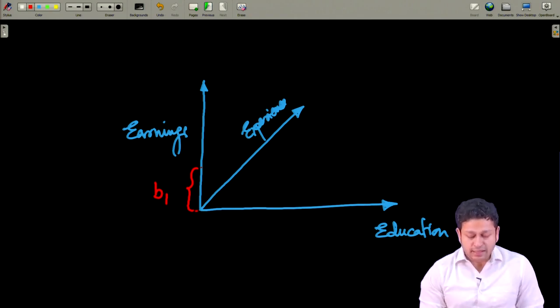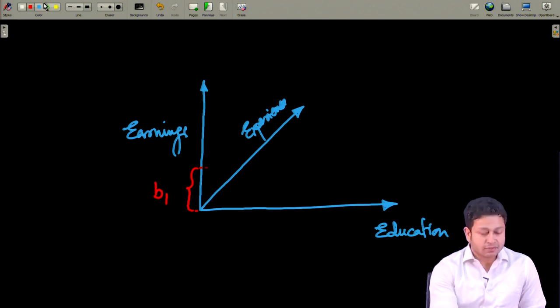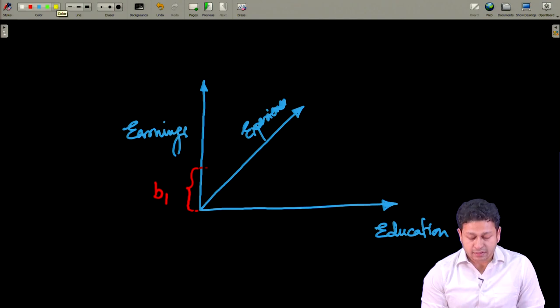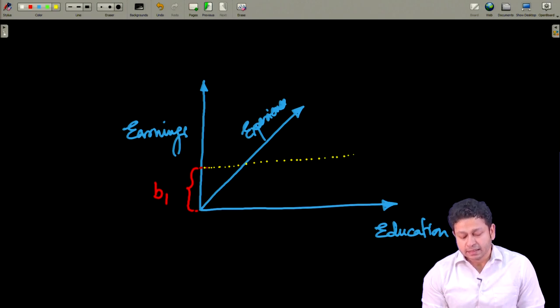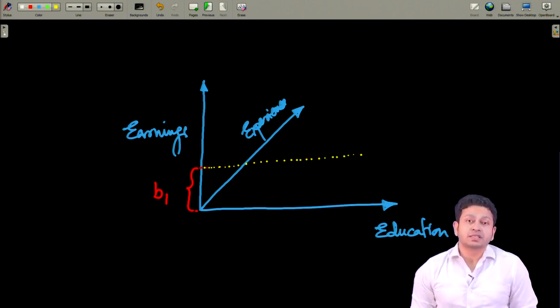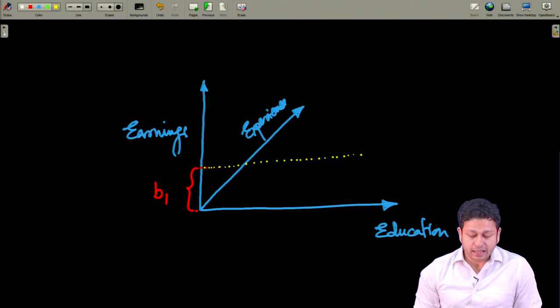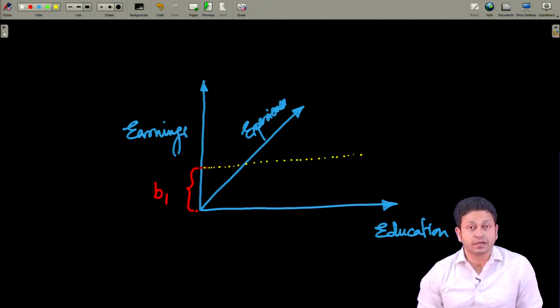So this is the intercept term like we had in the previous case, and then you try to estimate the impact of, say, education. Let me use a different color here. You want to see the impact of education and the impact of experience. So the impact of education would be measured by the slope coefficient, and let's say the slope coefficient for the impact of education is going to be b2.